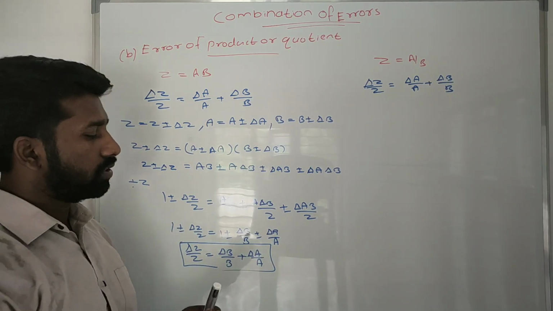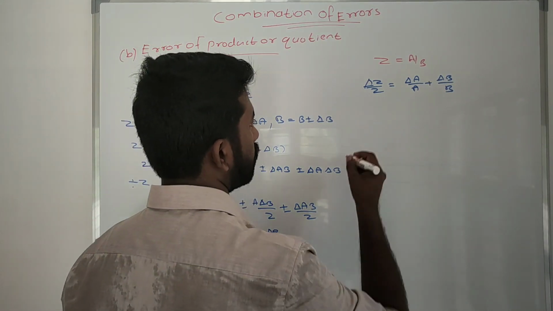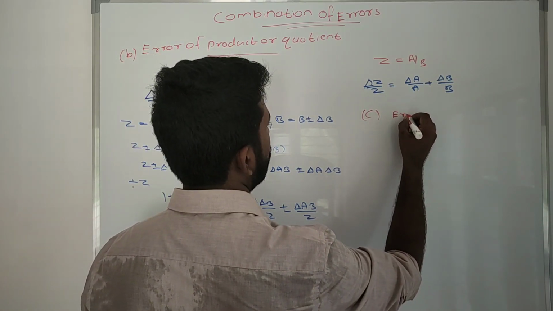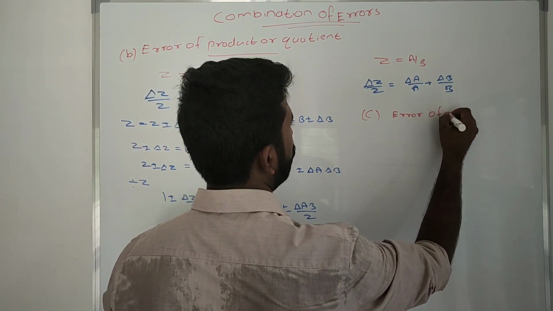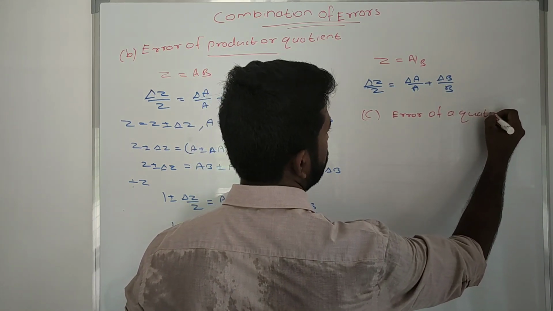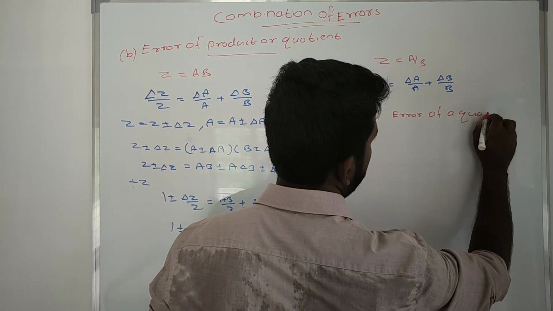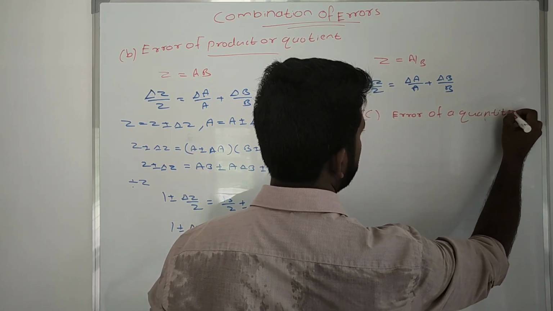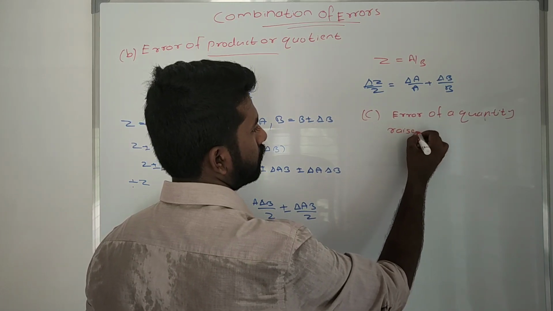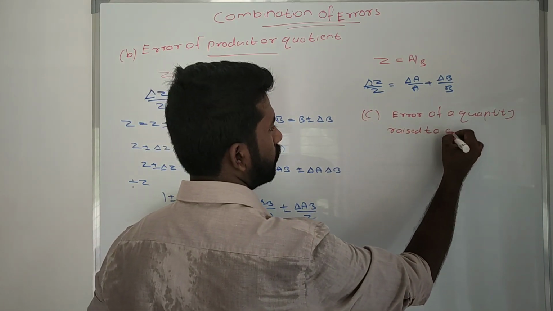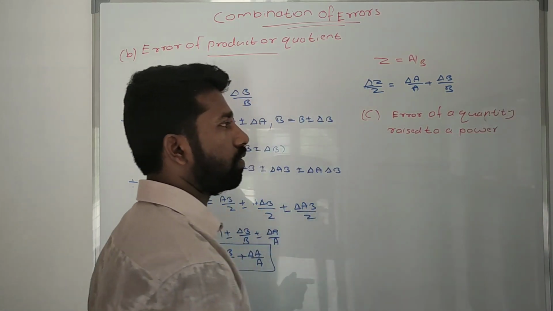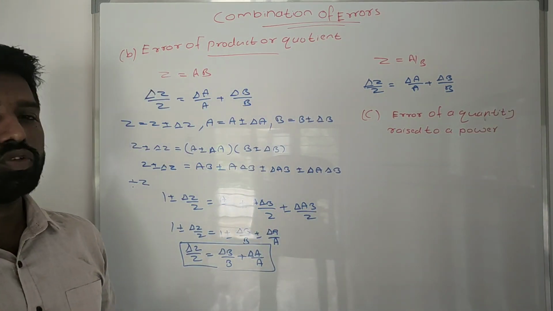Okay. Next, C: error of a quantity raised to a power.